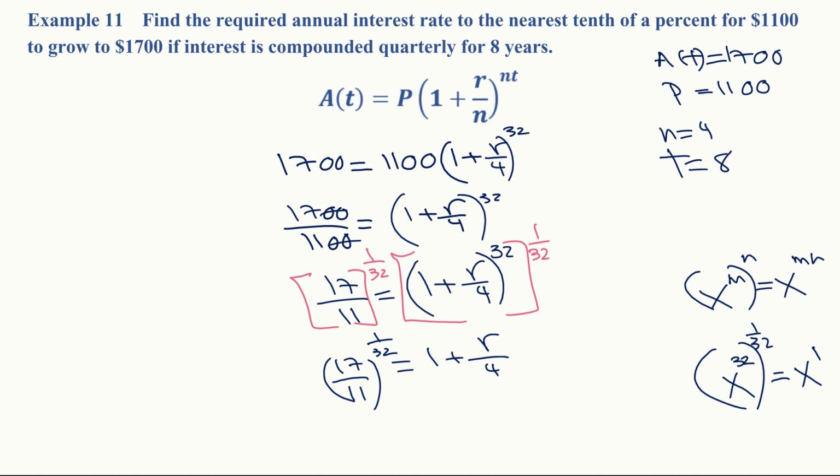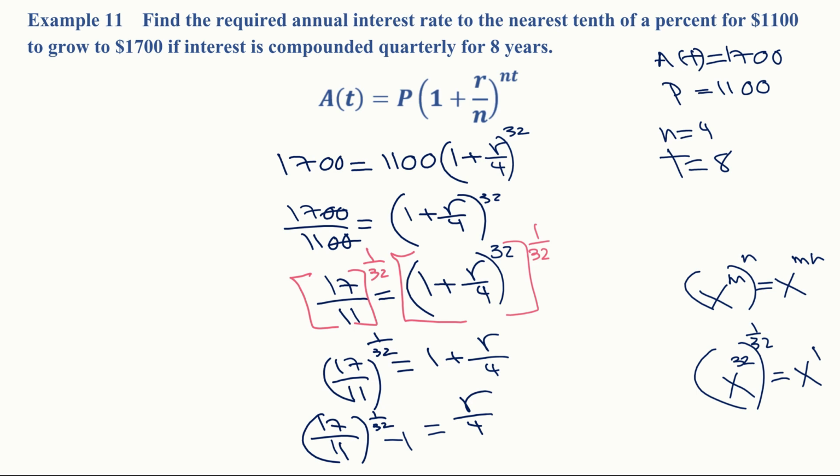But we can just type it in as is. We don't need to convert it to a root. So now we get r over 4 equals, we're going to move that 1 to the left side, so we get 17 over 11 to the power of 1 over 32, and then minus 1, right?